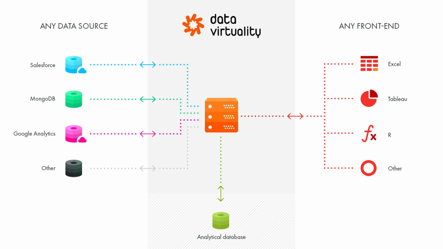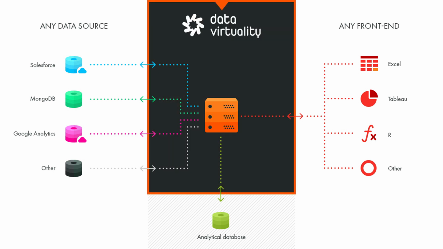Let me now show you the architecture of our solution. Data Virtuality Server is a Java-based application server that can be hosted in the cloud or be run on-premise. The first step after installing Data Virtuality Server is to connect your data sources.